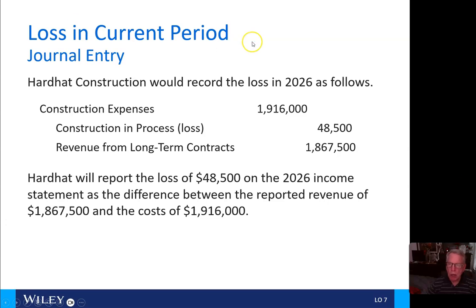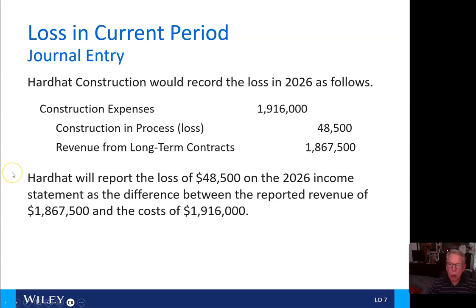Okay, and the journal entry, pretty much as you would expect, will debit construction expenses for $1,916,000 and credit construction in process, a loss, $48,500, and will credit revenue from long-term contracts of $1,867,500.